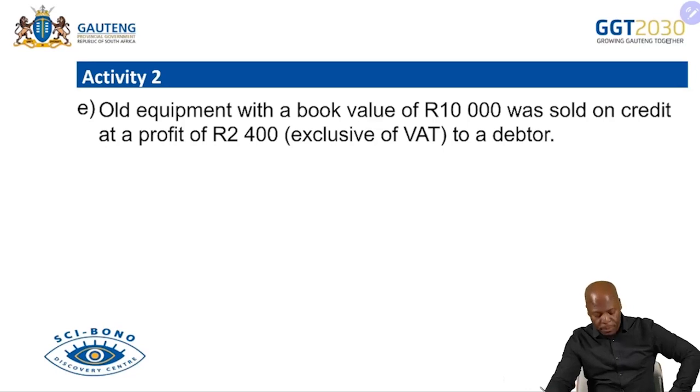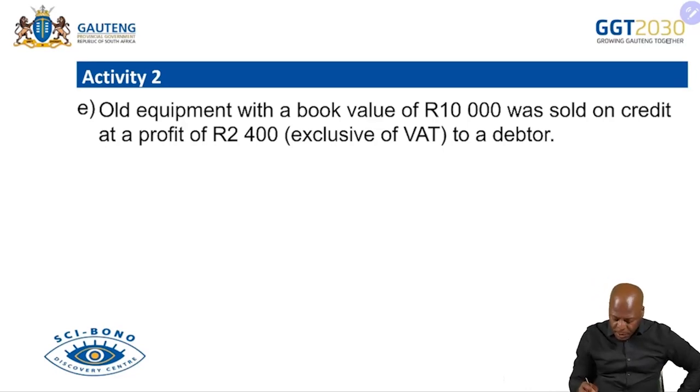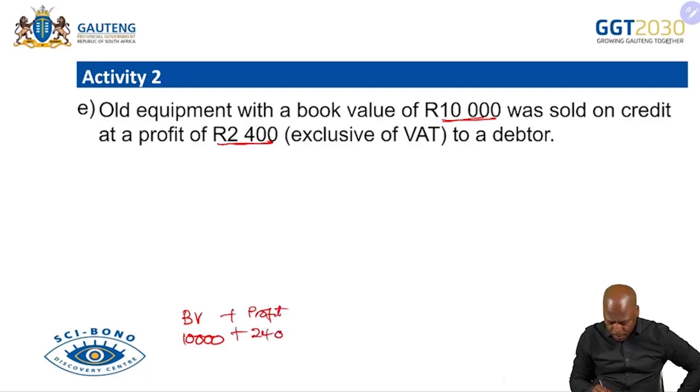It reads, old equipment with a book value of 10,000 was sold on credit at a profit of 2,400. So if I'm selling it, there's a book value of 10,000. That's the book value. And I've made a profit of 2,400.